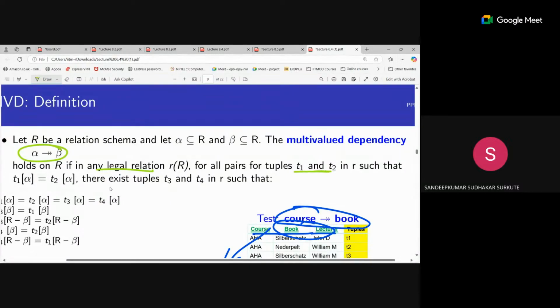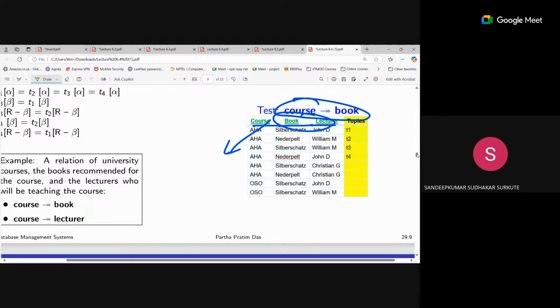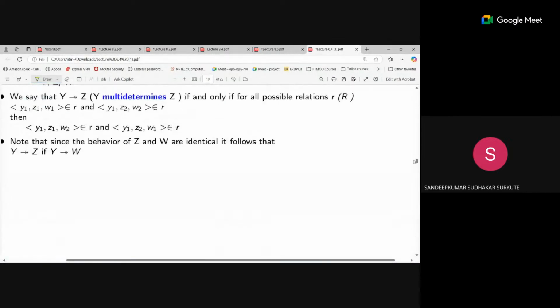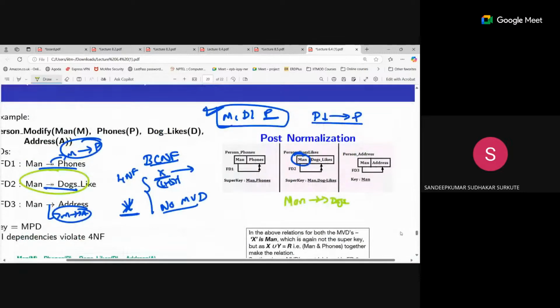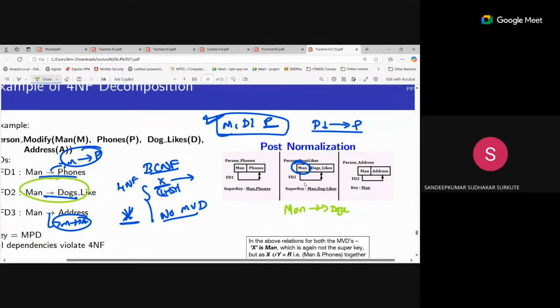I am not saying that there is an MVD in this man, dog likes relation. I am saying that, having come down to the reduced relation, man determines dog likes. In that, man is not the key, which is the second condition of 4NF.